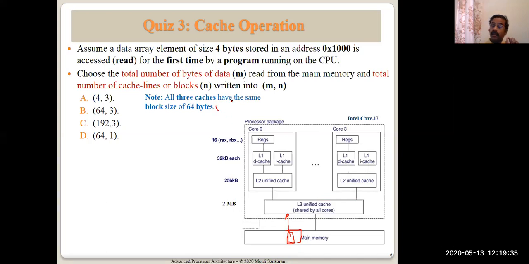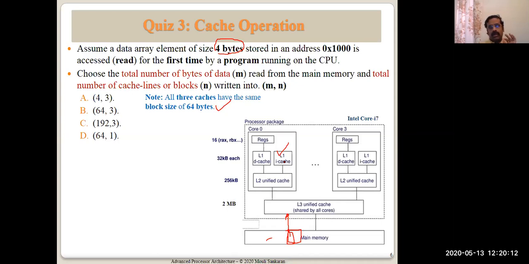It will always read that much data or code from the memory, because of locality of reference, it is going to be used. CPU may need the next byte or next word in the next cycle. So it is better to fetch something around the bytes, so that later on it doesn't have to go to the memory, it can get it from the cache, which is faster. Going to the memory is much slower. So if the CPU asks for 4 bytes, it will get 64 bytes into the cache.